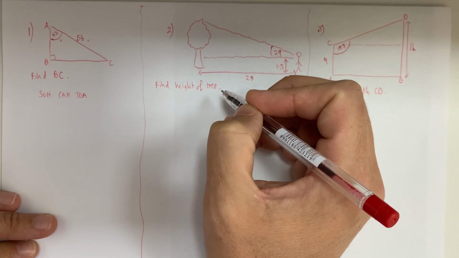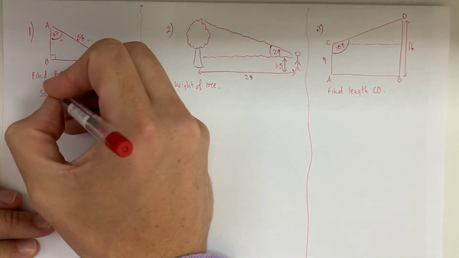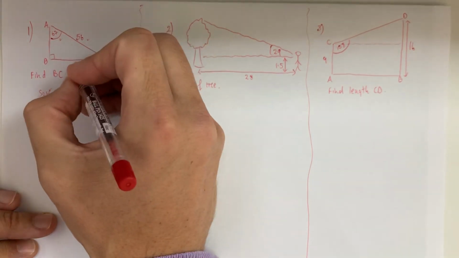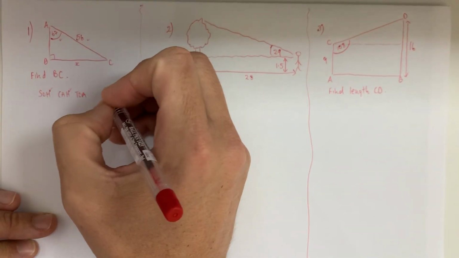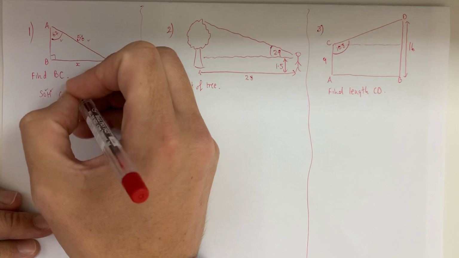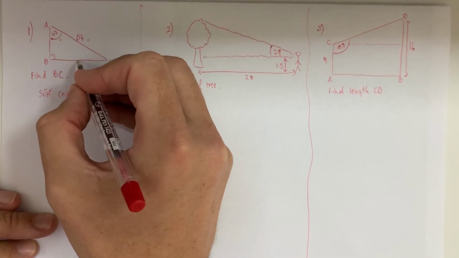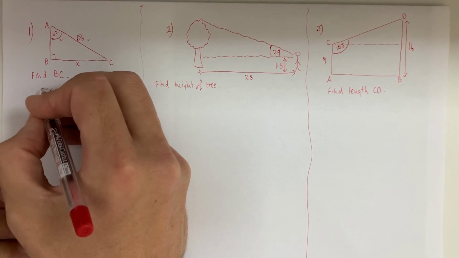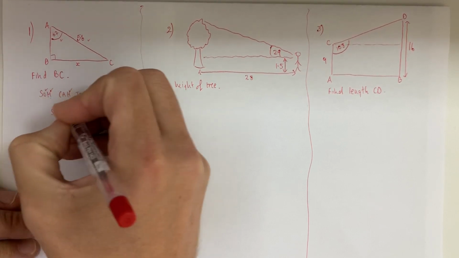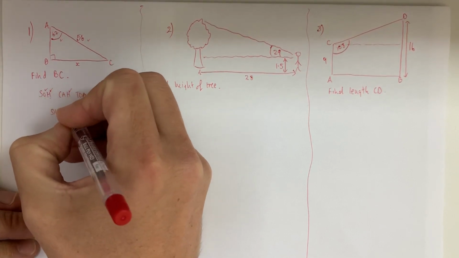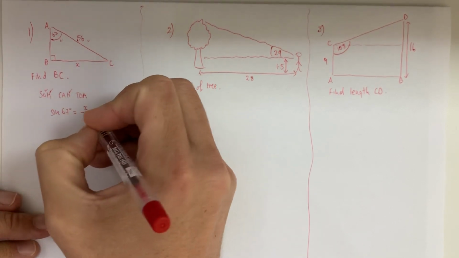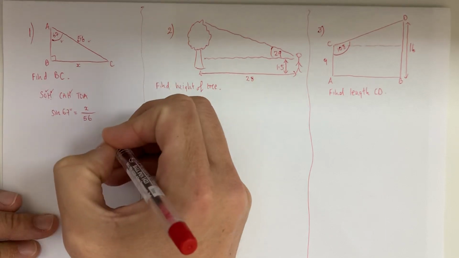And then I'm going to tick the side that I know, the hypotenuse, and it's asking me for BC, which I'm going to call X, and that is the opposite of the angle, because it's opposite the angle here, and this is the hypotenuse, opposite, and I'm going to use sine. So sine of the angle, which is 67 degrees, is equal to the opposite, which is x, divided by 56.